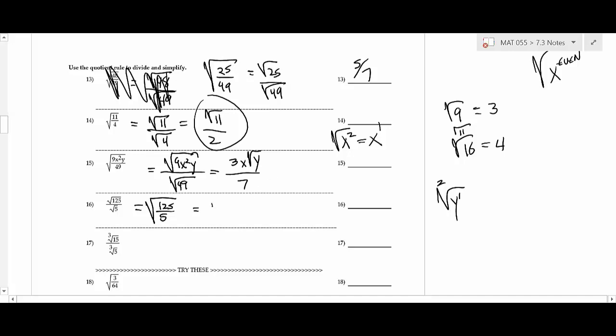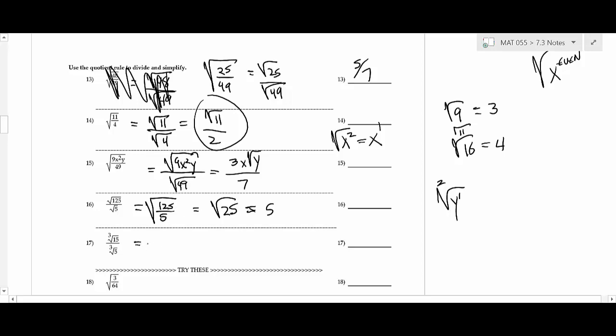You know what that is? It's 25. So what's the answer to this problem? 5. The square root of 25 is 5. So what I'm showing you is you can do this backwards. If you have two radicals to begin with in a fraction, just do one radical. Simplify, then do the square root. That's what I'm going to do on the next one as well.